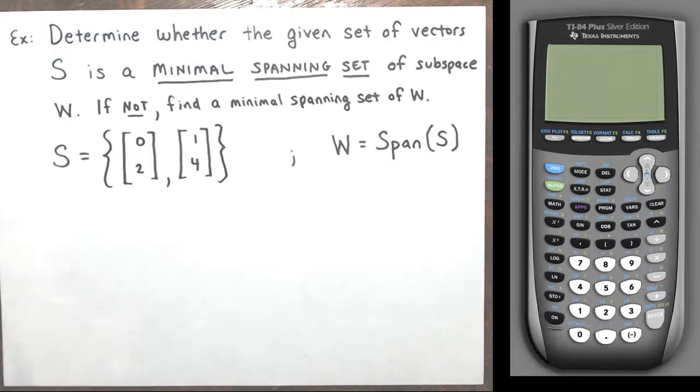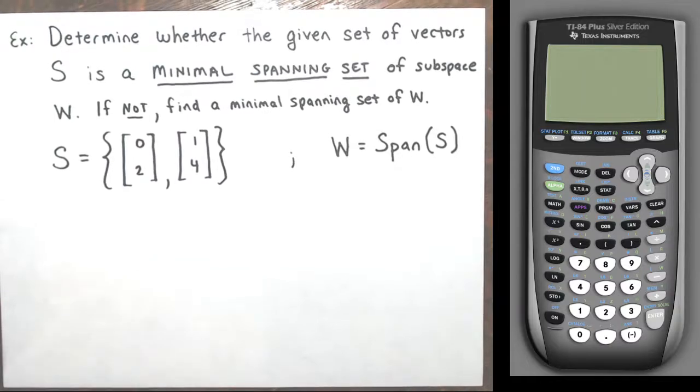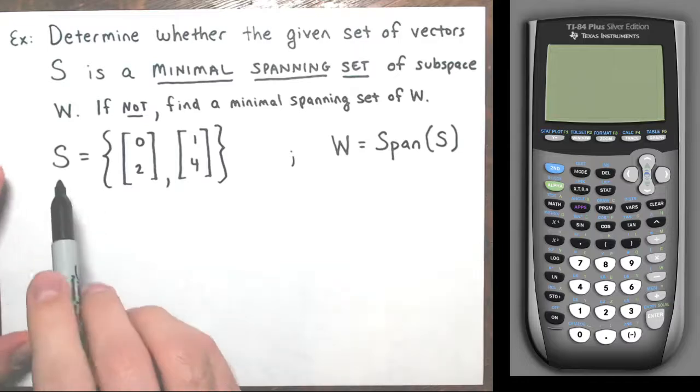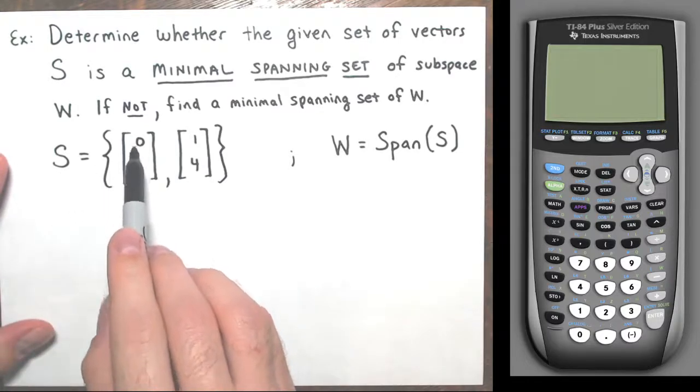But what I apply here could be applied to other Euclidean spaces, R4, R5, R6, or even other general vector spaces. I might get to a video later where we do it in vector spaces other than Euclidean spaces.